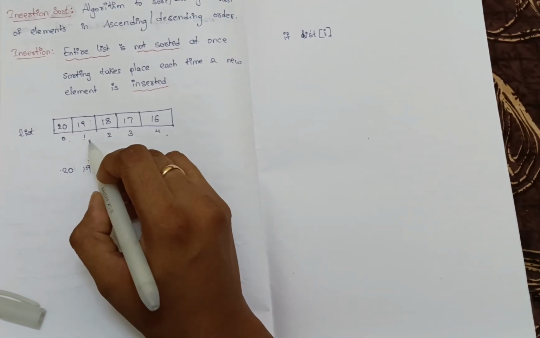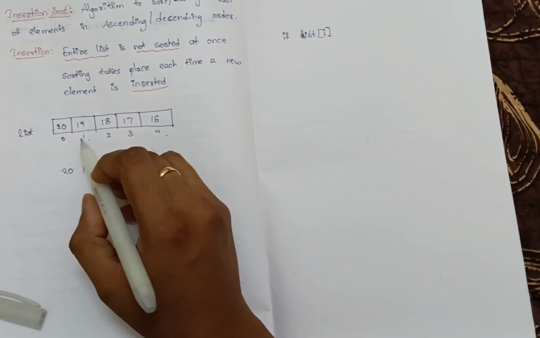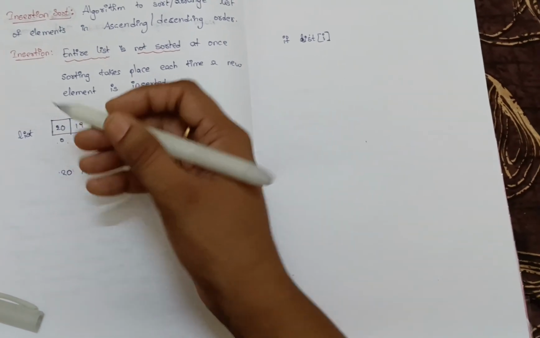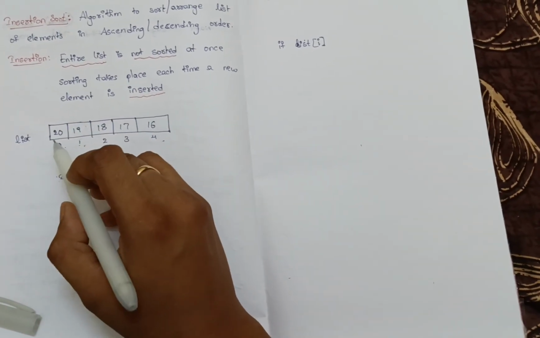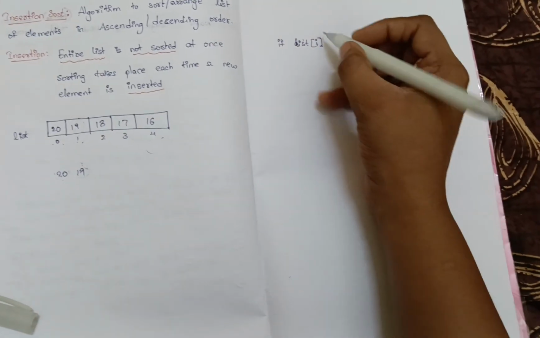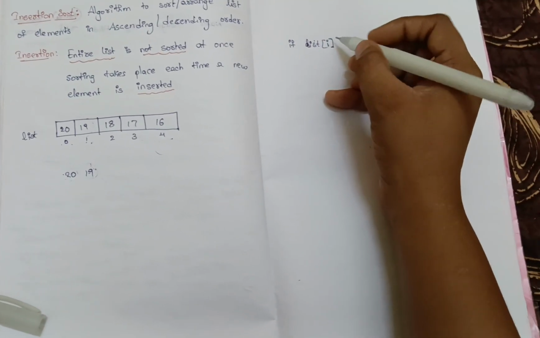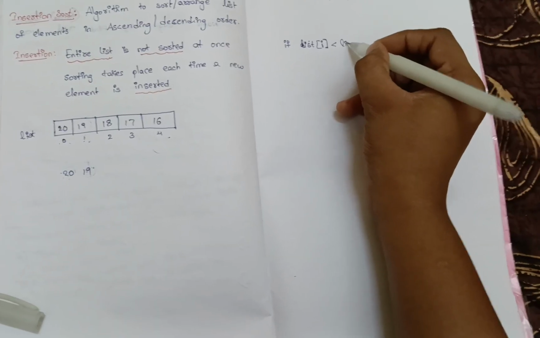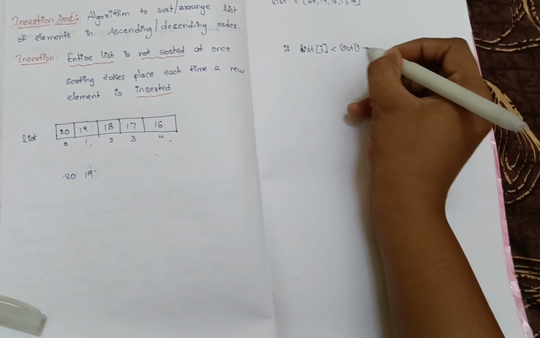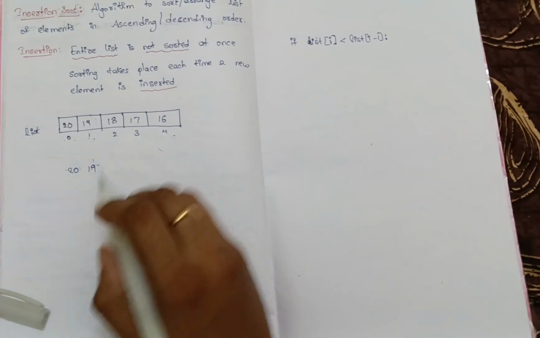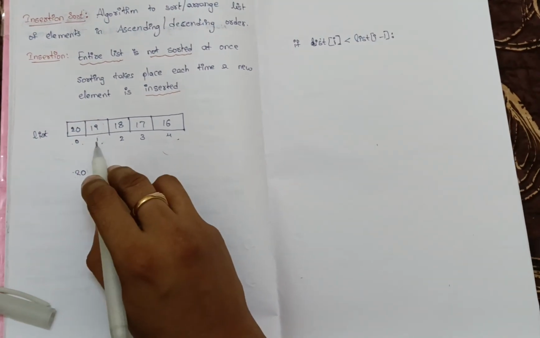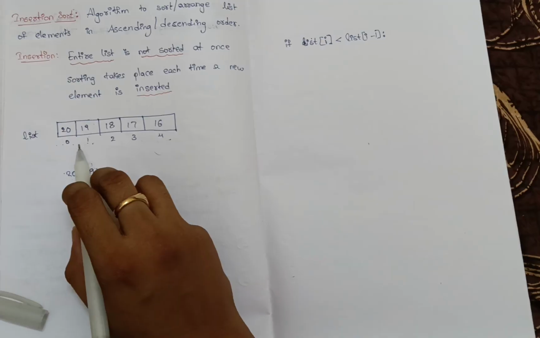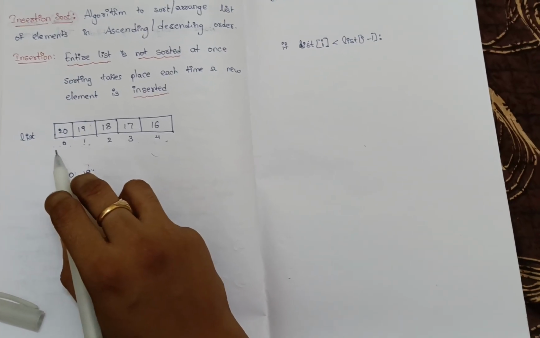If this index is I, the preceding index will be I minus 1. That is how I can refer to the element in the preceding place, right? Then how do I write the condition? If list of I is less than list of I minus 1. If I is 1, then I minus 1 would be 0.